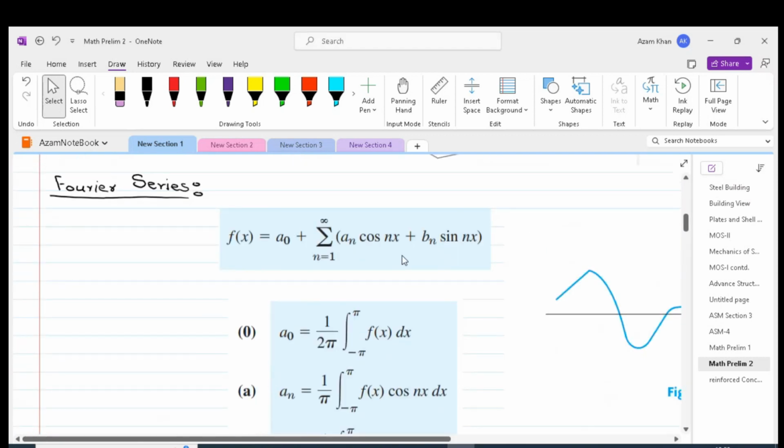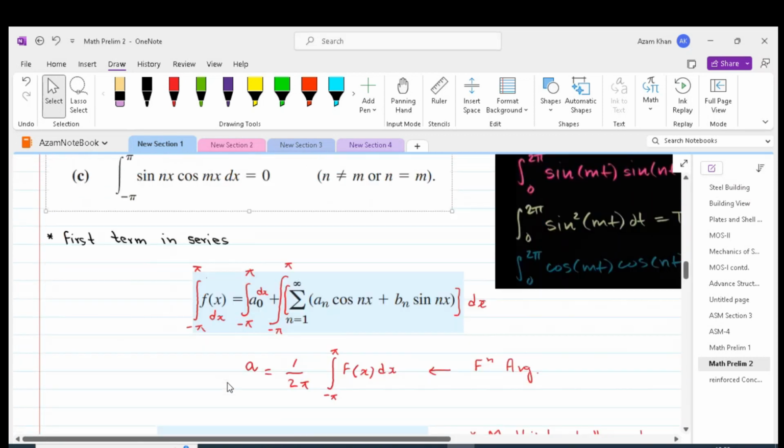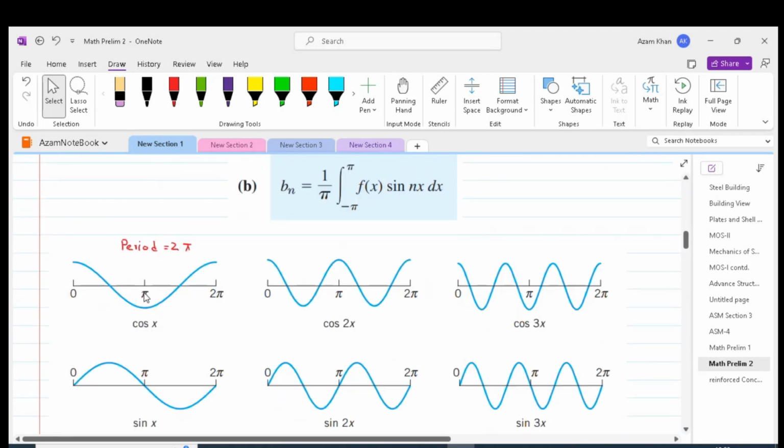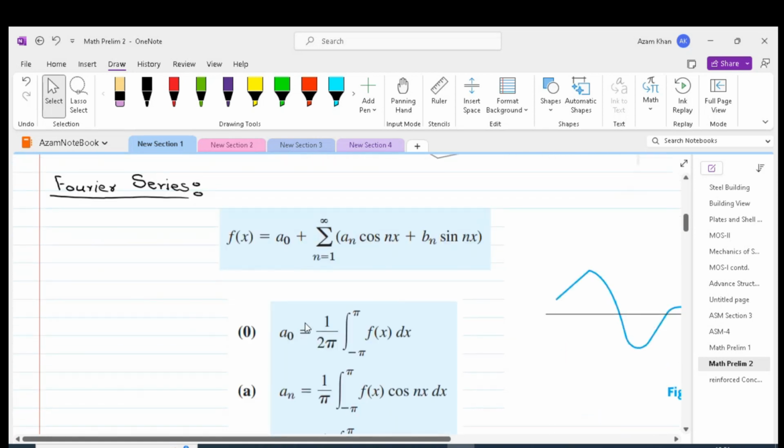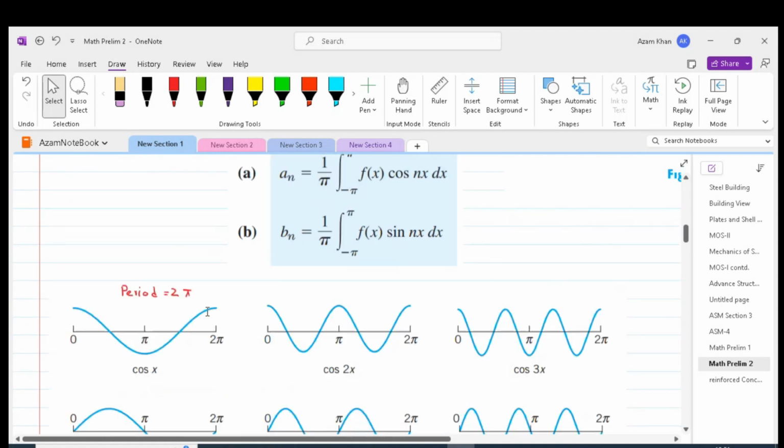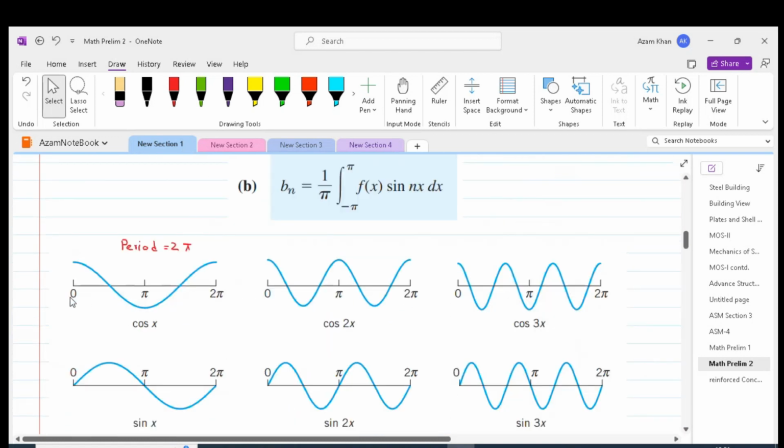In the case of the Fourier series, it is important to appreciate that the trigonometric functions making up the series have a period between 0 and 2 pi. Therefore, all these trigonometric functions make up what is called a trigonometric system.